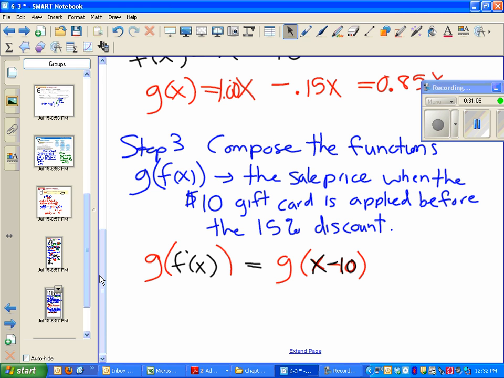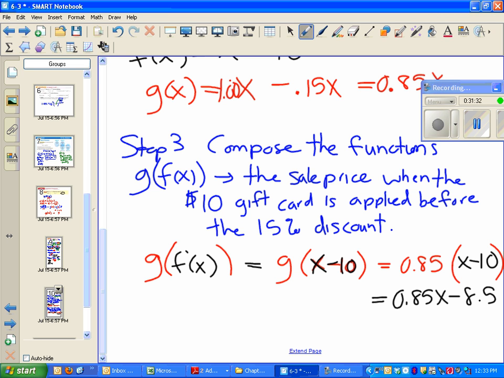So g was 0.85 and then x, and x is now going to be x minus 10. We can leave it like that, or we can simplify that to 0.85x minus 8.5. So that's one function.